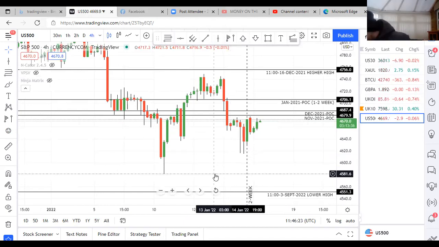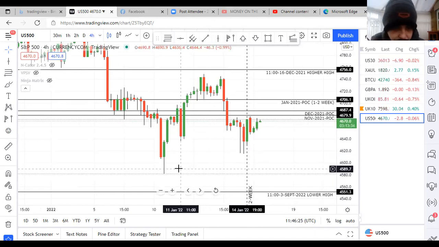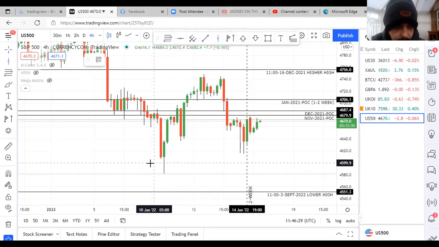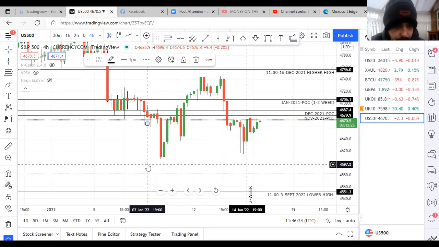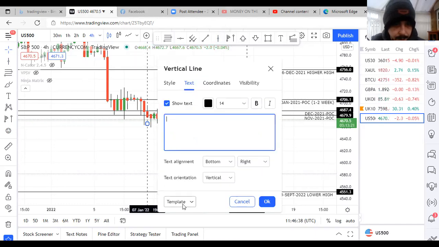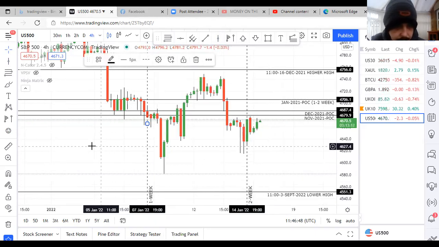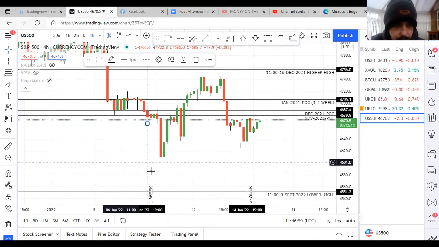So we've got the 7th, dotted line, 7th. There's the 7th, that can be week 1, maybe 7. No, so that's week 2.